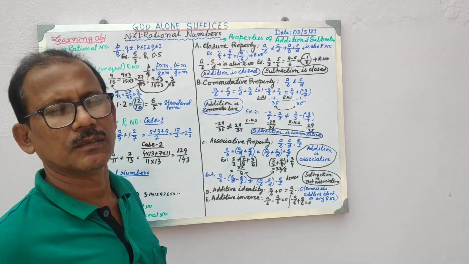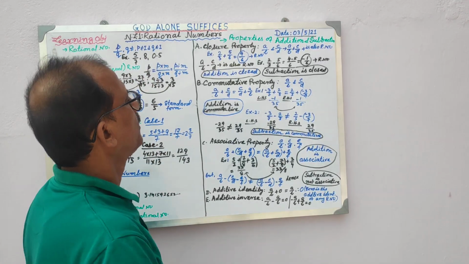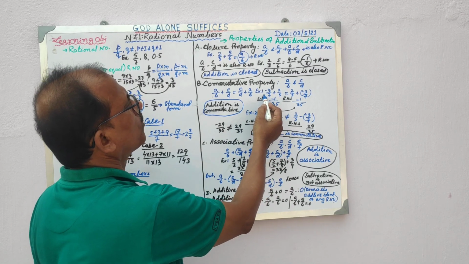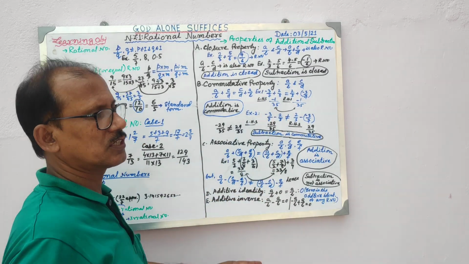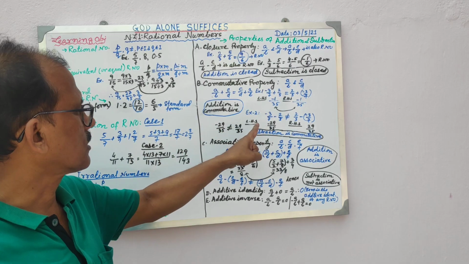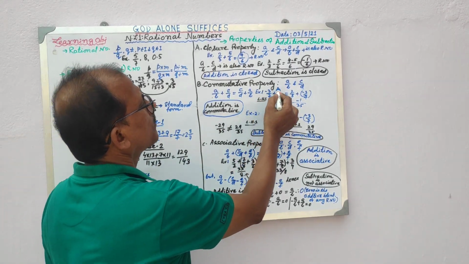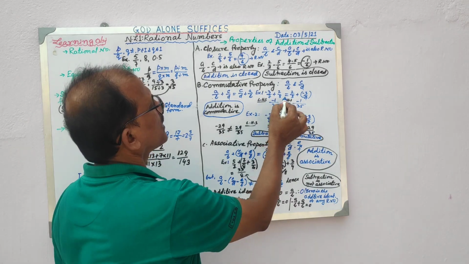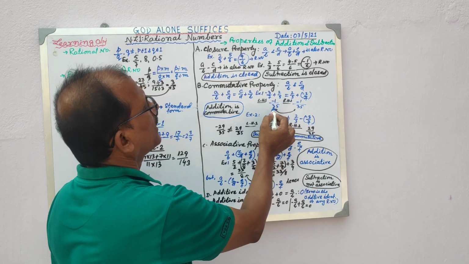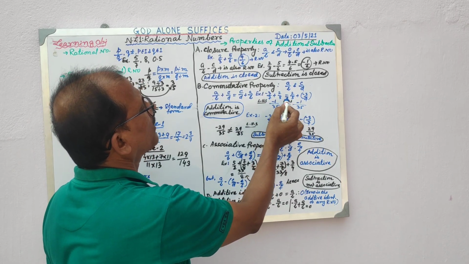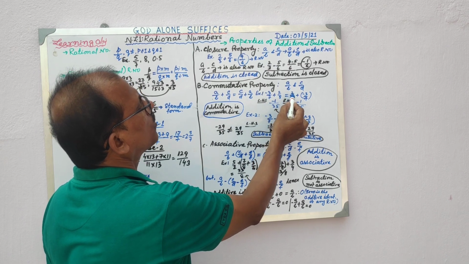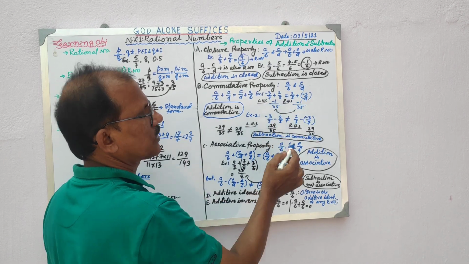Hence addition is commutative. You can take an example: I have taken example 1 as minus 3 by 7 plus 2 by 5. LCM will definitely be 35, and if you add it, it is equal to 2 by 5 plus minus 3 by 7.